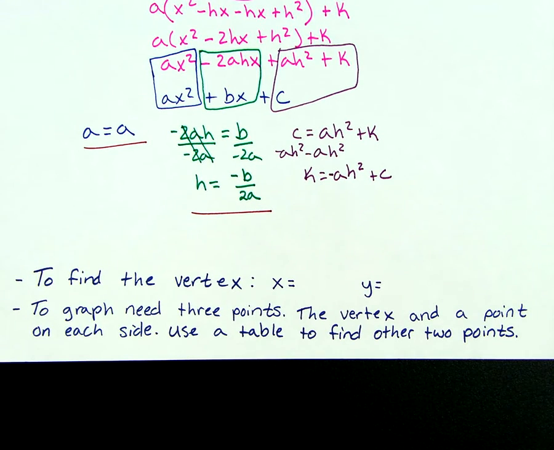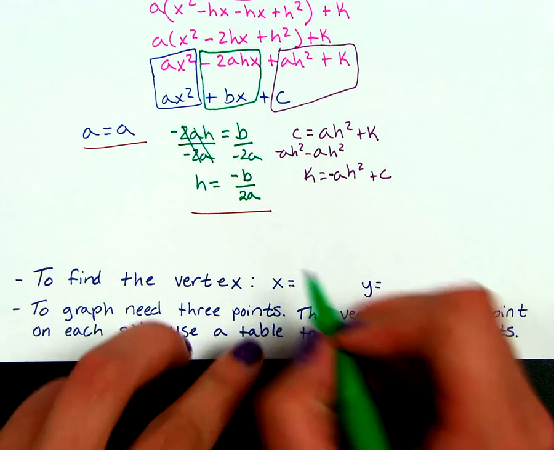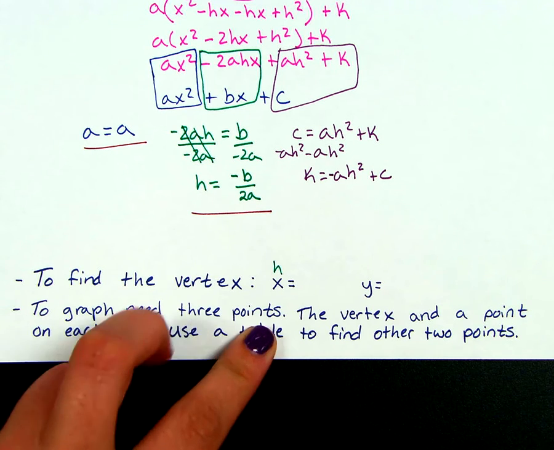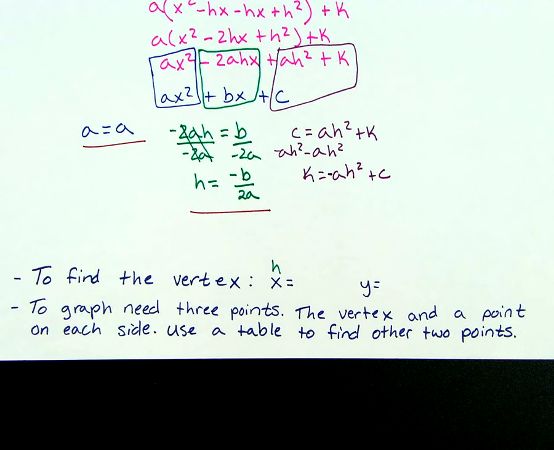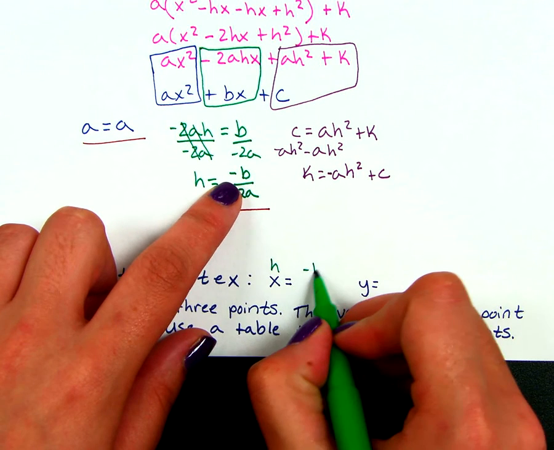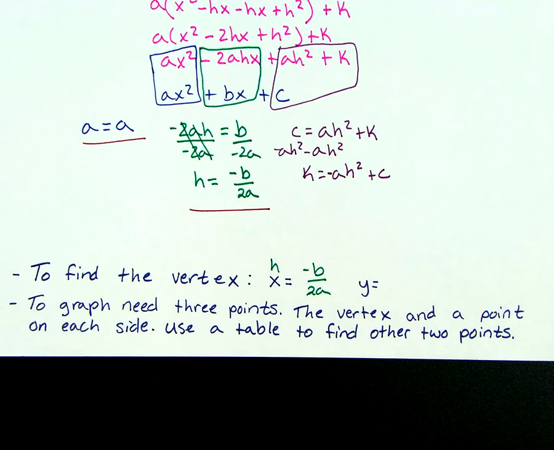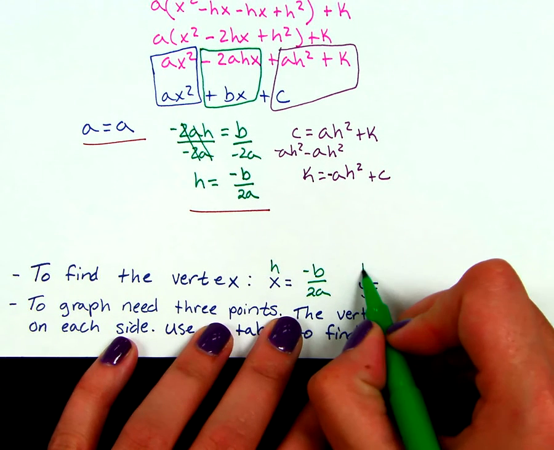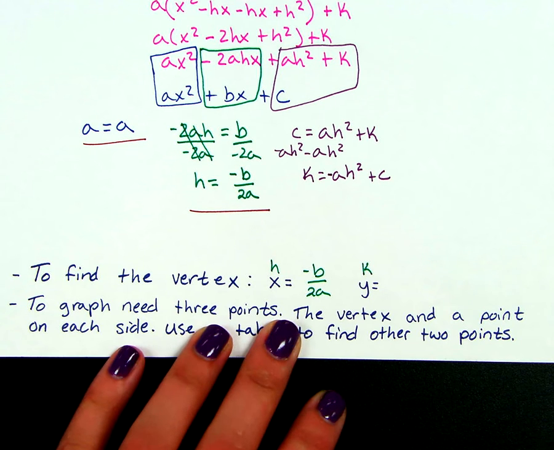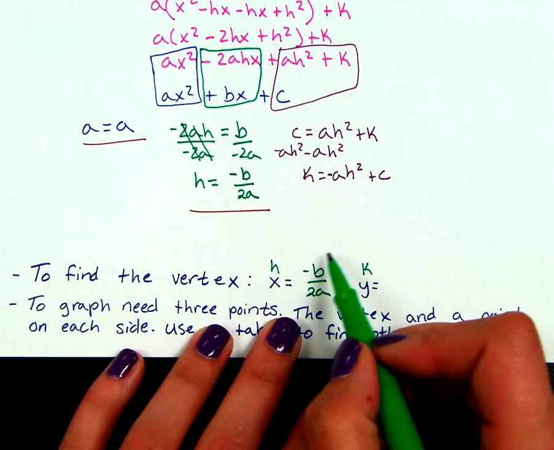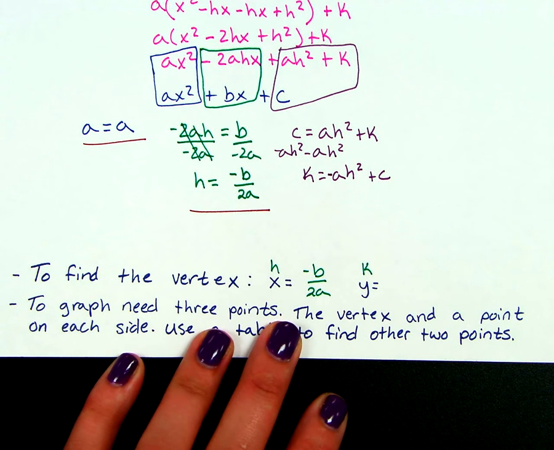So to find the vertex, our x value, which is the same idea as our h, is always going to be the opposite of our b term divided by 2 times a. And then to find y, which is the same idea as our k, we're going to take whatever number we get for this one and substitute it into our standard form equation and then evaluate.